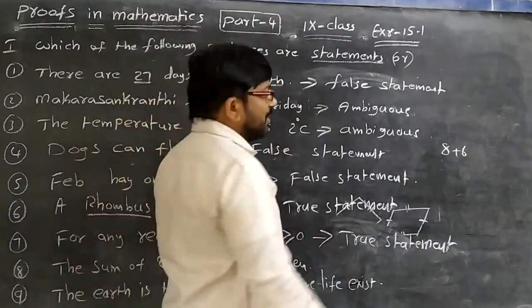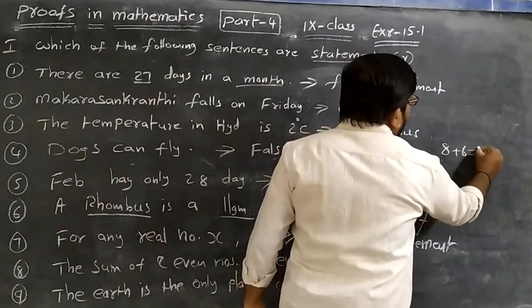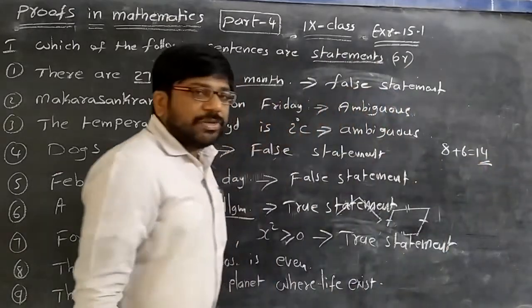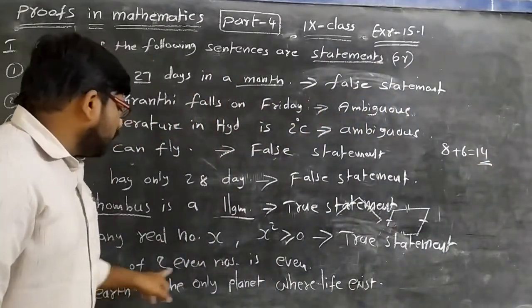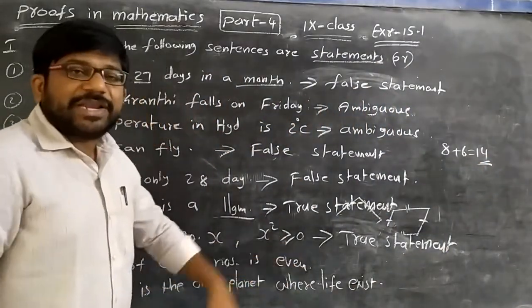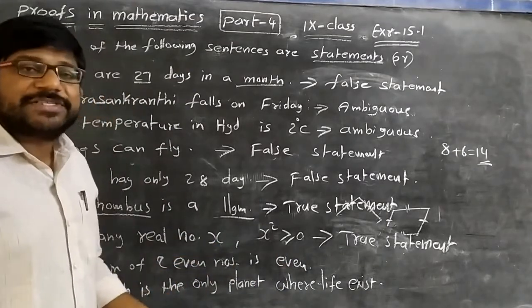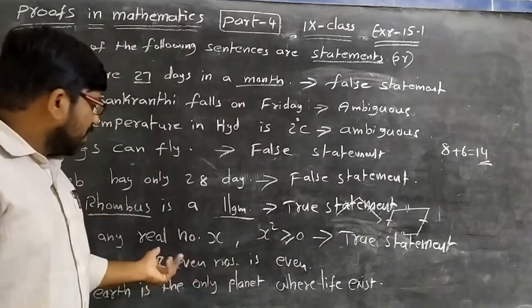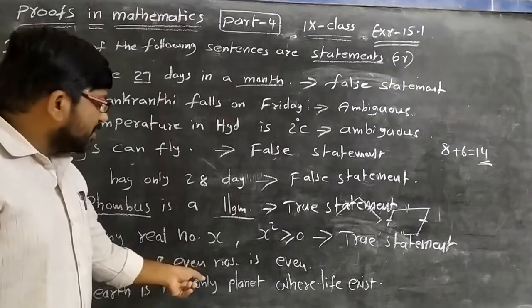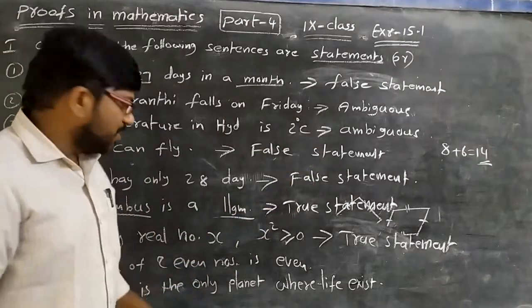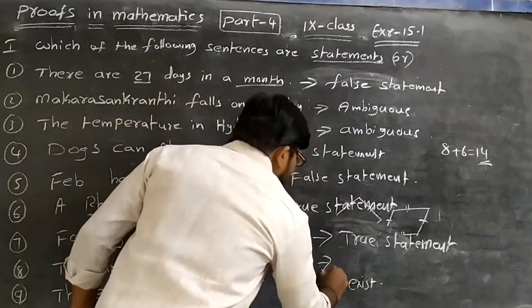The sum of two even numbers, 8 plus 6 is equal to 14. 14 is also an even number. See, the sum of two even numbers is even. Yes, it is correct. It is a statement, and we can decide it is true. It is a true statement.